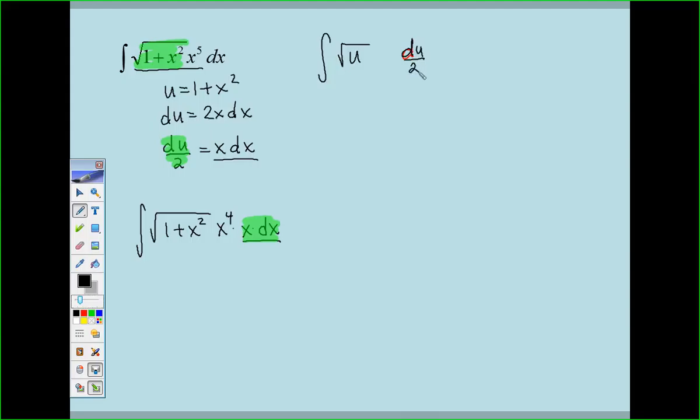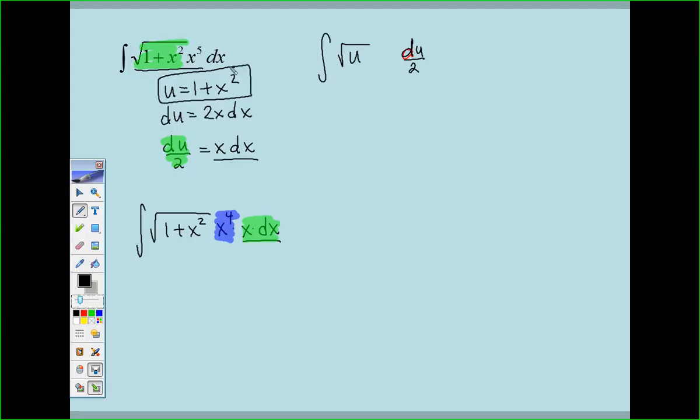But notice we have not replaced the x to the 4th. So how are we going to replace our x to the 4th? Well, let's go back to our original substitution and solve for x to the 4th.